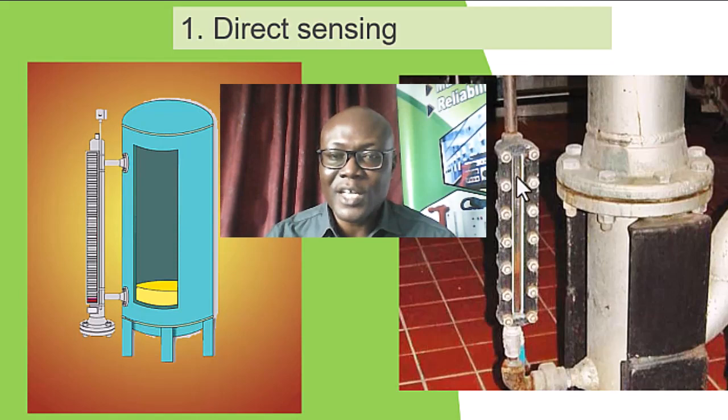So here is calibrated to give us the various readings within that 30, that is between 0 and 30 inches. So if here is showing us that it is, say, 8 inches as an example now, okay, it means that the fluid is at that level, 8 inches within the vessel. So that's a sight glass, and it's a direct sensing method. It gives you a direct reading of the level.